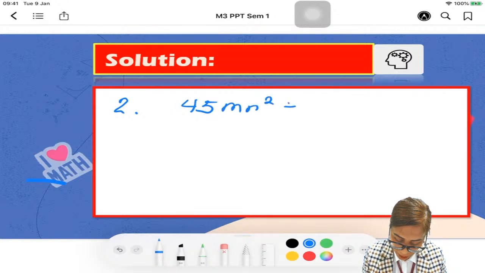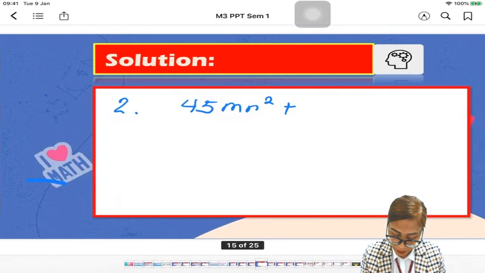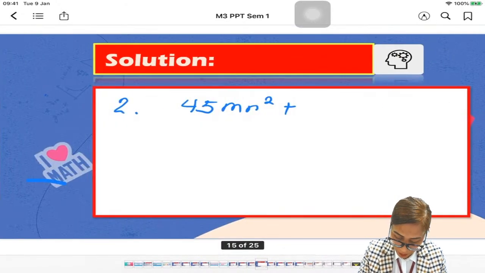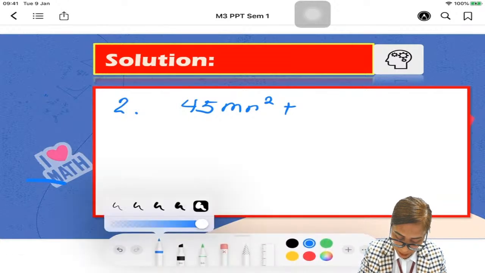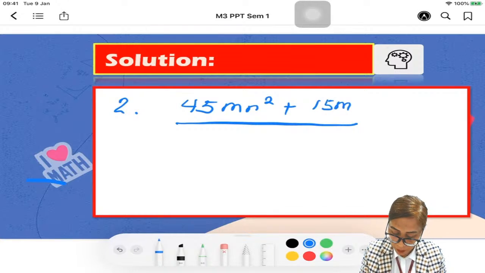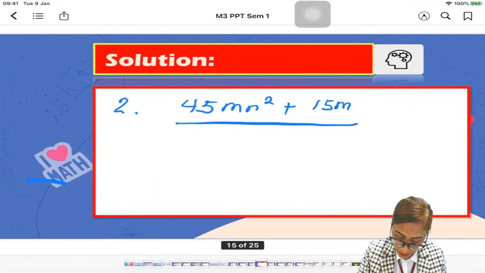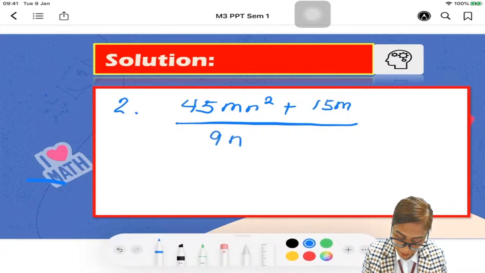mn squared plus 15m something. Okay, all over 9n squared plus 3mn.